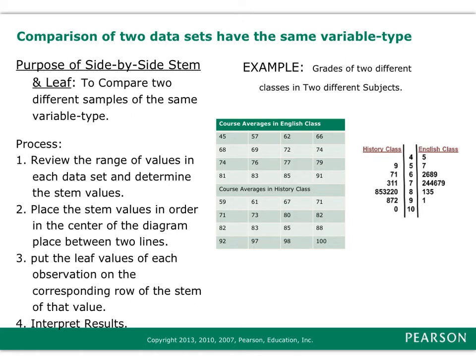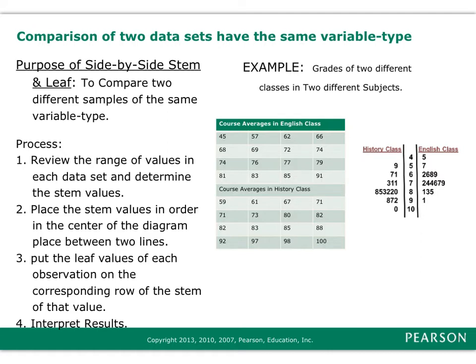So the purpose of a side-by-side stem and leaf plot is to compare two different samples of the same variable type. The process is basically the same as before, except now we have two lines in the middle, and we review the range of values in each data set and determine the stem values.